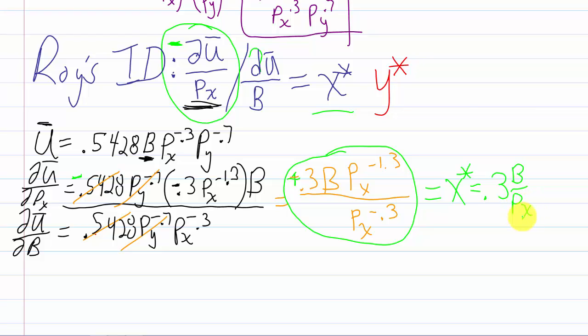Because when you subtract the exponents, minus 1.3 minus a minus 0.3, you're going to end up with the price of x in the numerator raised to the minus 1 power, and that's the same as the price of x in the denominator. So that's how you can go from an indirect utility function back to get the Marshallian demands.